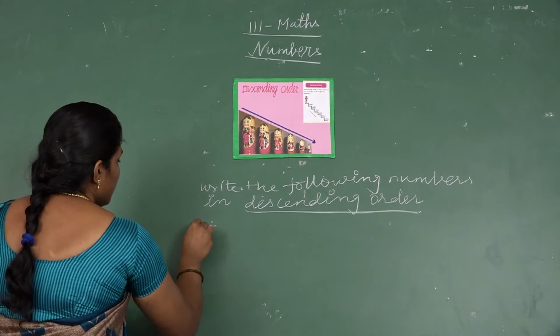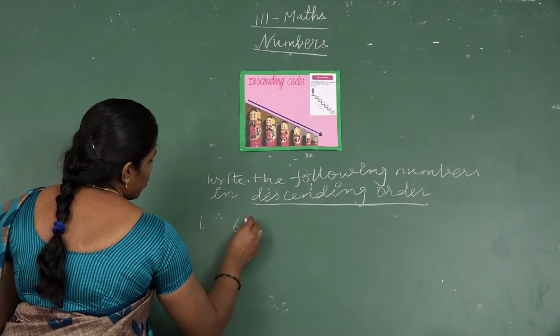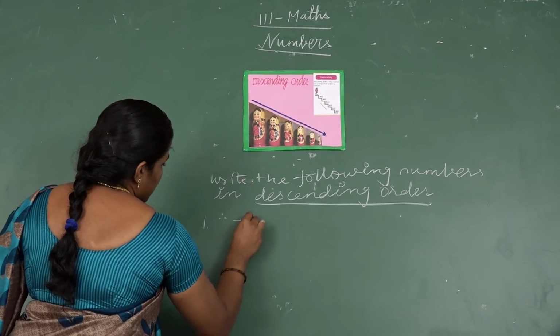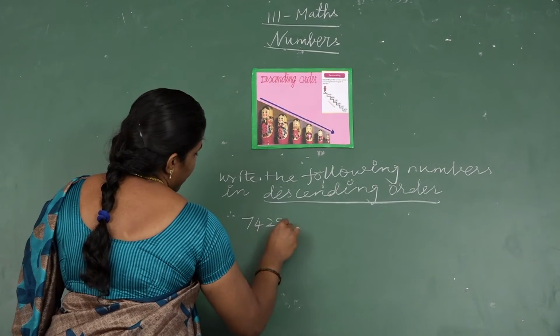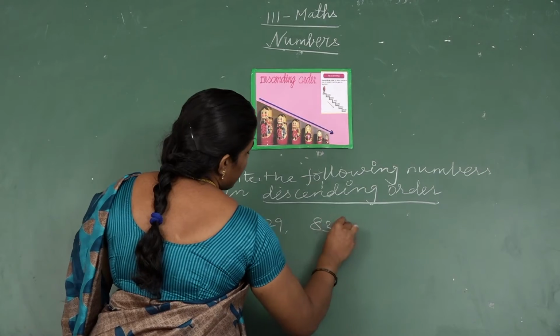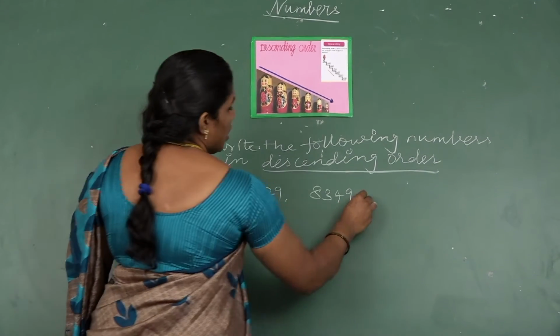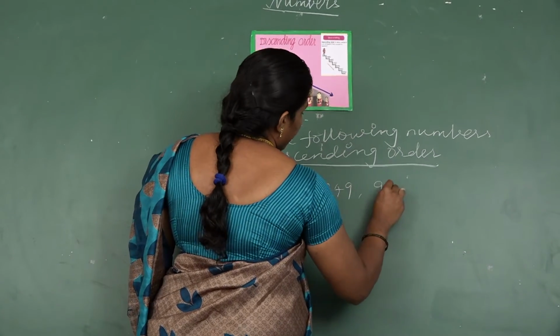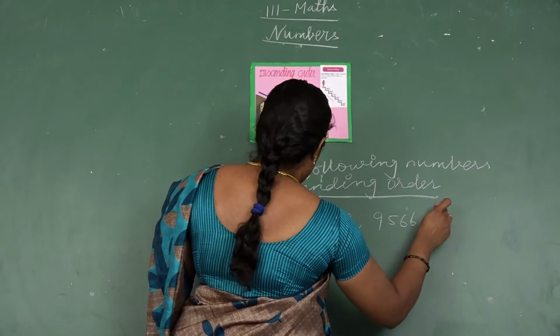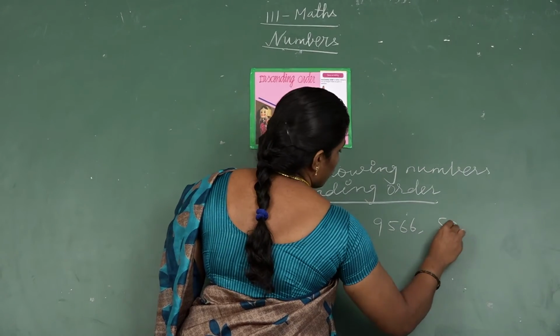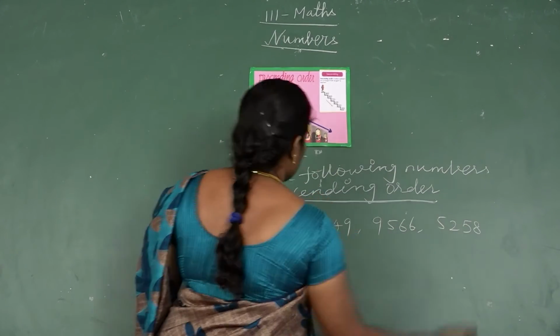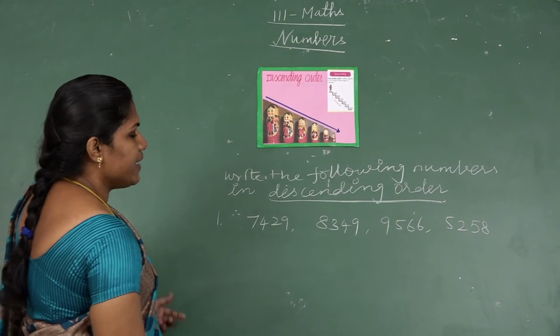For example, 7,489, 8,349, 9,566, 5,258. First you count the digits.